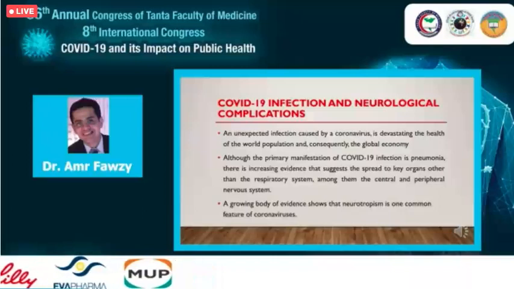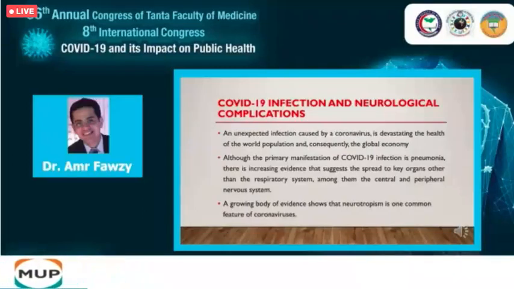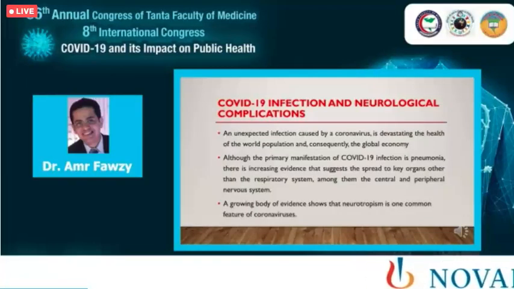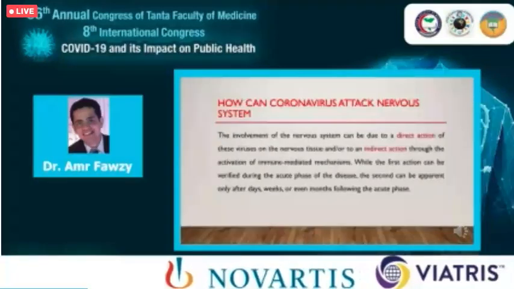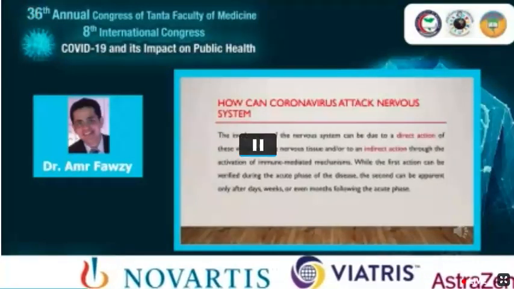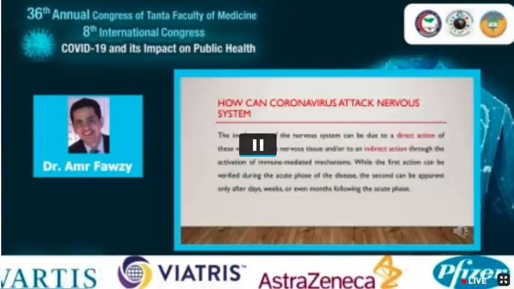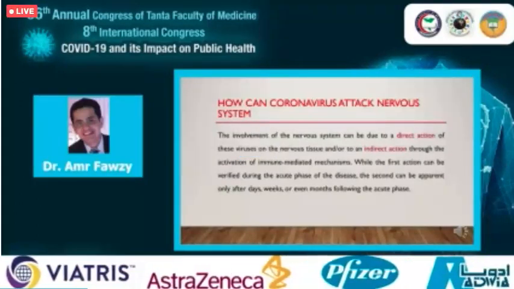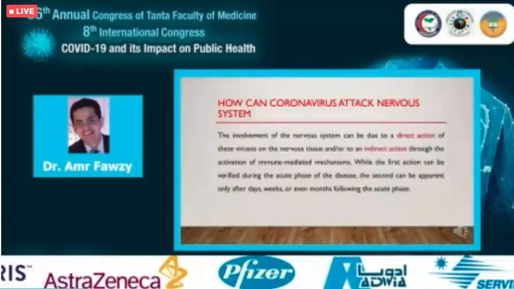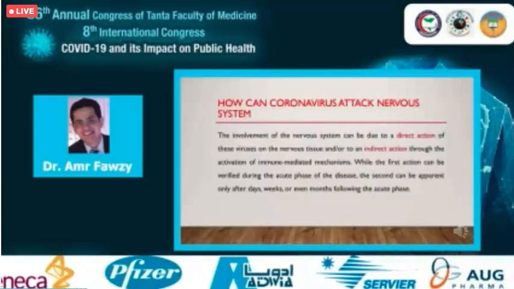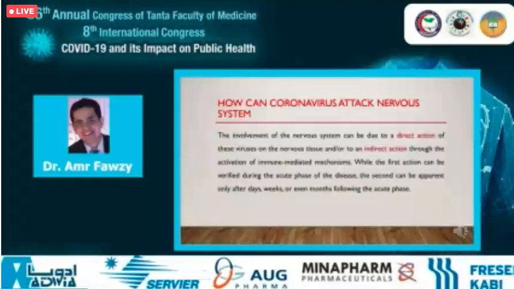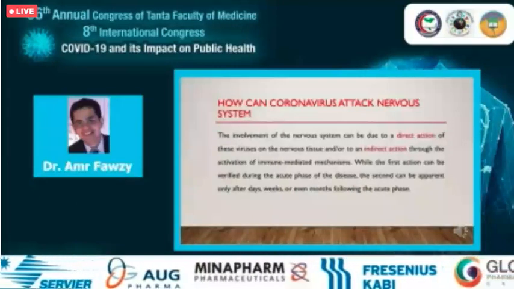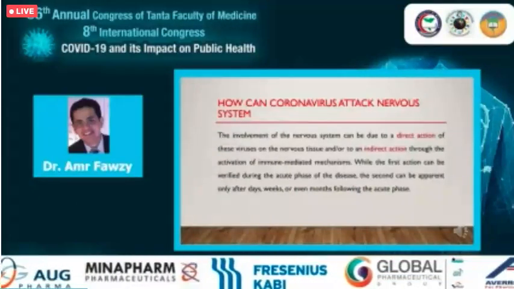A growing body of evidence shows that neurotropism is one common feature of coronaviruses. The involvement of the nervous system can be due to a direct action of these viruses on the nervous tissue, and/or to an indirect action through the activation of immune mediated mechanisms.